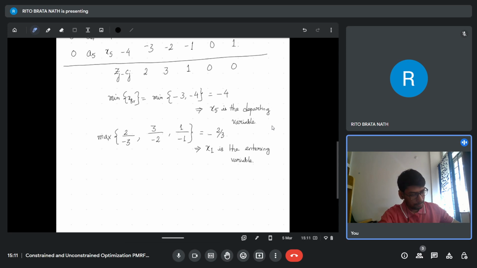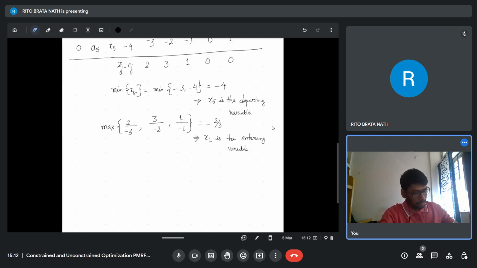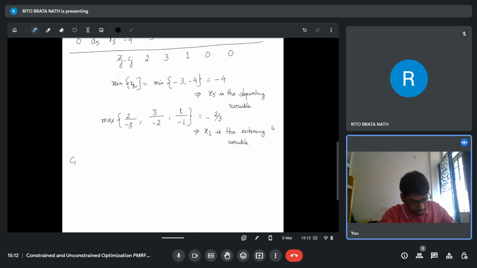Okay, so let me write down the second step of this dual simplex table. So this is CB, this is B, this is XB, then you have B, X1, X2, X3, X4, and X5, right?